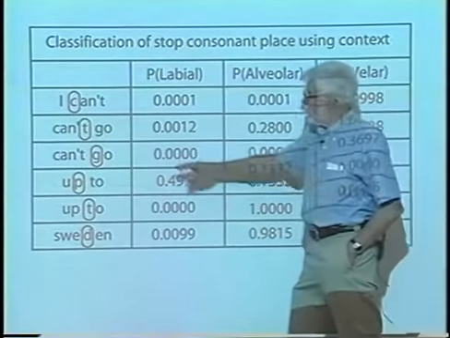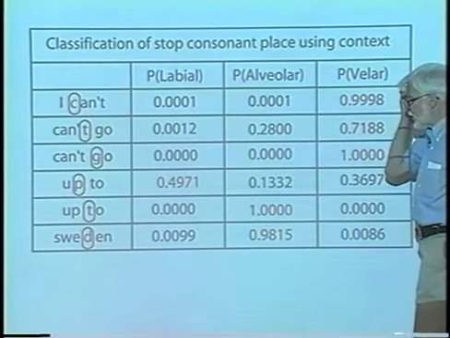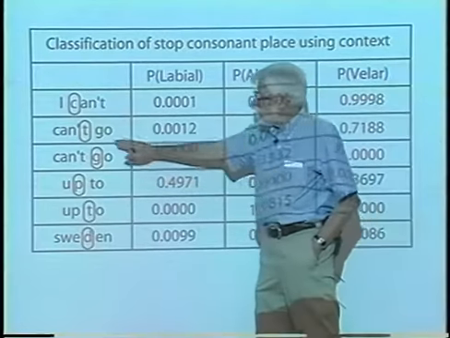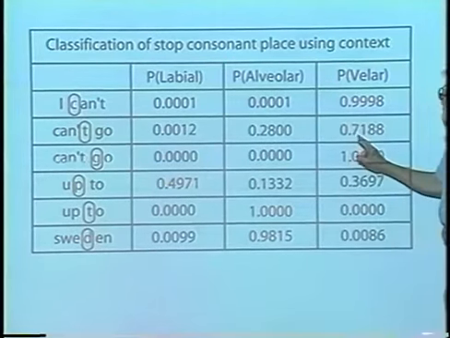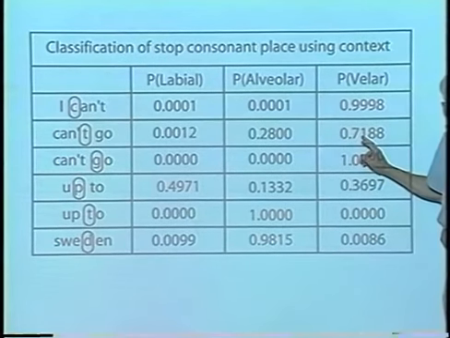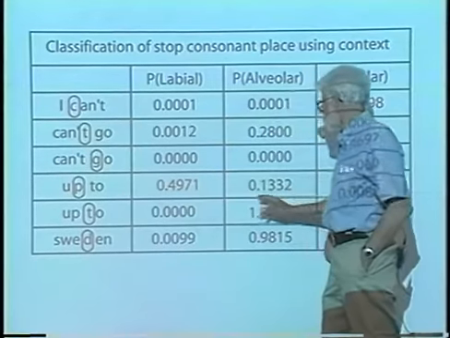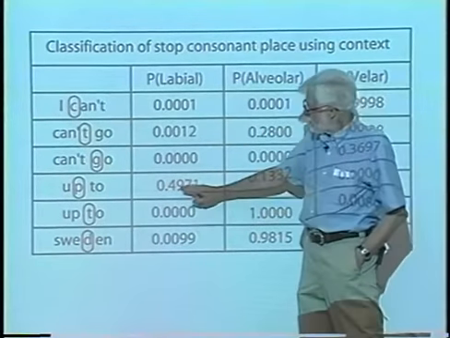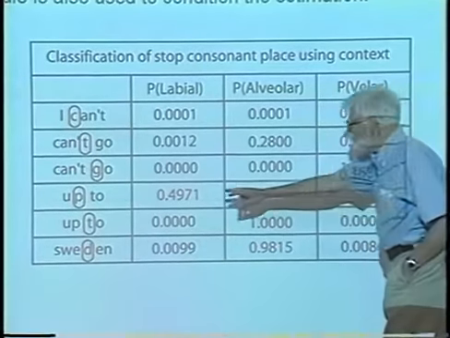And for this initial K, it was identified with high probability. It's a very clear one. For the T in "can't," it was identified as a velar. And so on. And then this up to, it just made it for the P, but there was no release for the P, so it was pretty marginal.